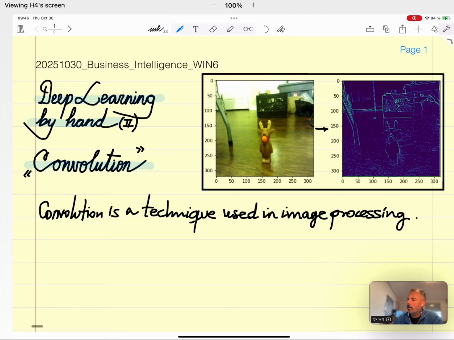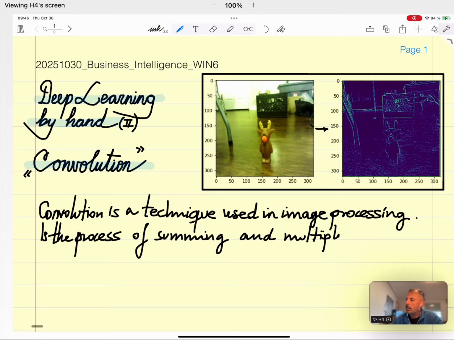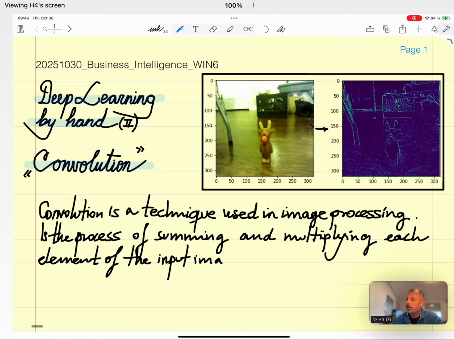It is the process of summing and multiplying each element of the input image with its local neighbors.